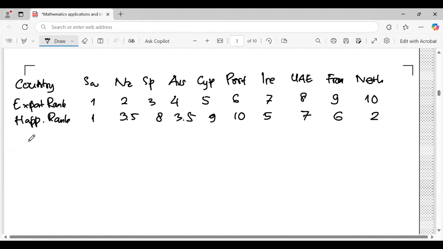Now we are going to find D, the difference. 1 minus 1 equals 0, 2 minus 3.5 is minus 1.5, 3 minus 8 is minus 5, 4 minus 3.5 is 0.5. This is minus 4, this is minus 4, this is 2, this is 1, this is 3, and this is 8.